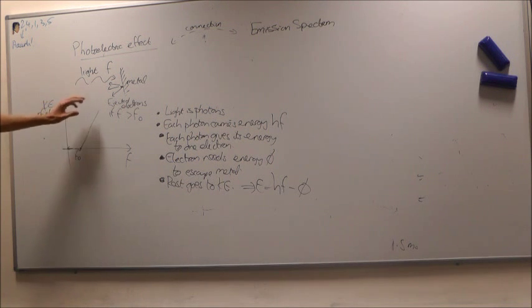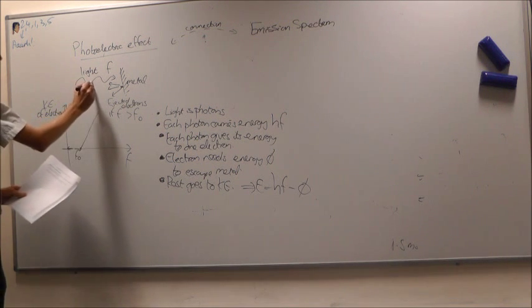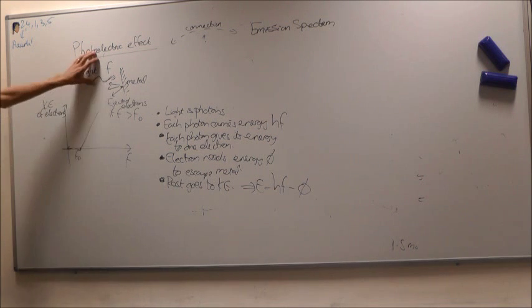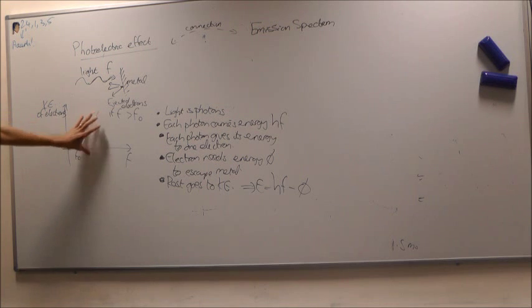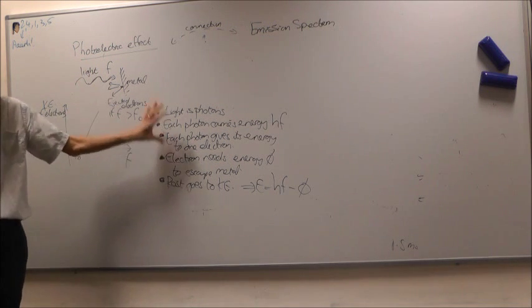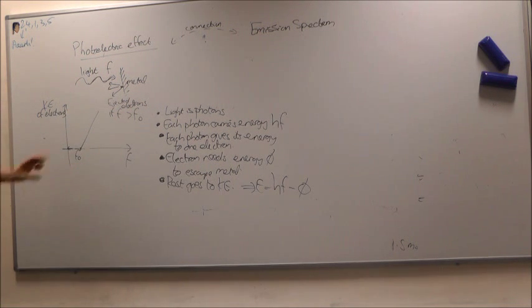It also explains why it doesn't matter how intense the light is. If you double the intensity, you just get double the number of electrons. You don't get electrons of higher kinetic energy.